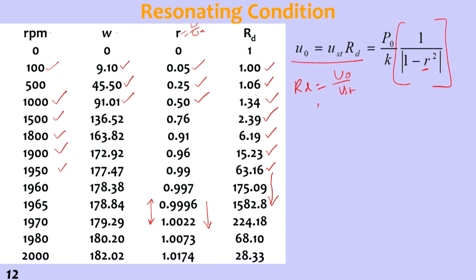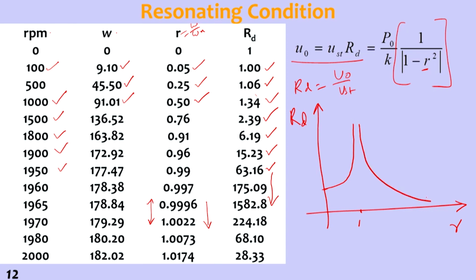If we discuss that using the graph, on the x axis let us take R, and on the y axis let us take Rd, which is the dynamic amplification factor, or the ratio of dynamic deflection to static deflection. When R is 0, it starts from 1, and then gradually it increases, and suddenly increases when it reaches 1, and after that it falls down.